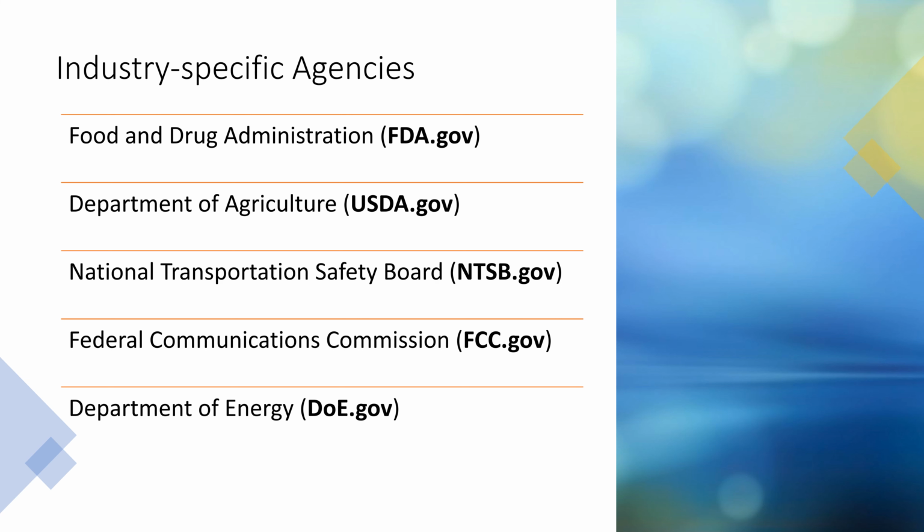Don't forget to look for information at industry-specific agencies based on the industry or sector of the business you're researching, such as the Food and Drug Administration at fda.gov, or the Department of Agriculture at usda.gov, the National Transportation Safety Board at ntsb.gov, the Federal Communications Commission at fcc.gov, the Department of Energy at doe.gov, and many others.